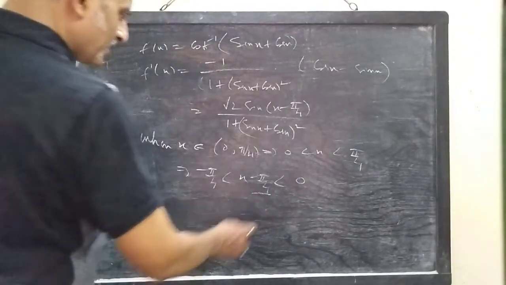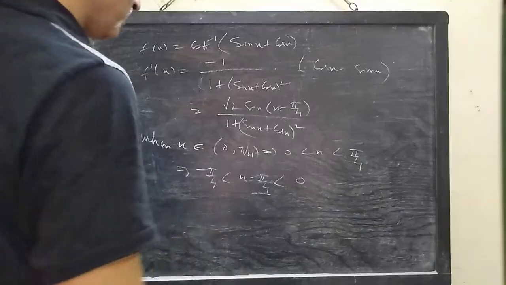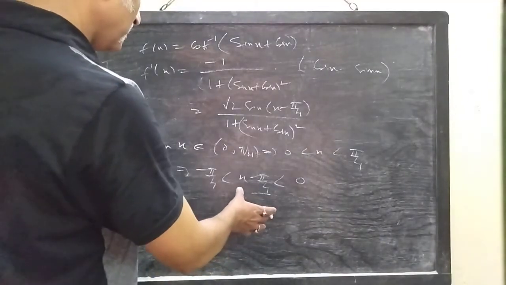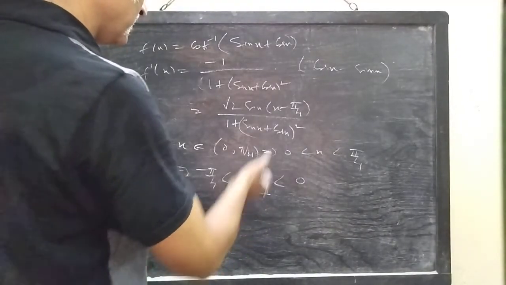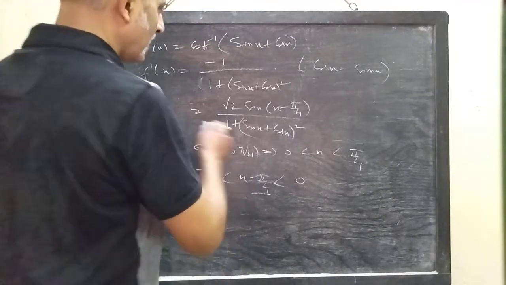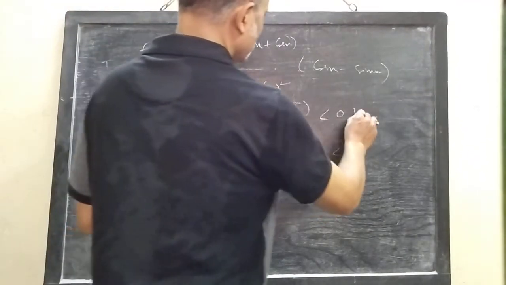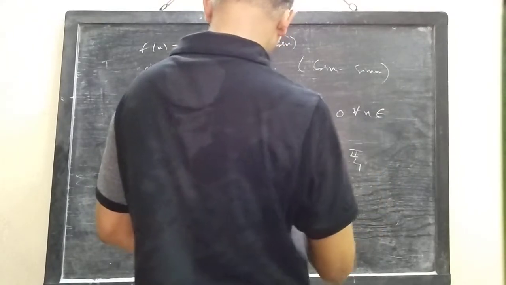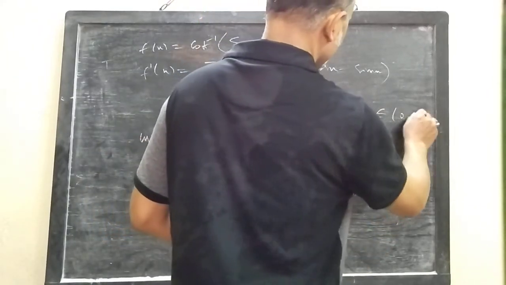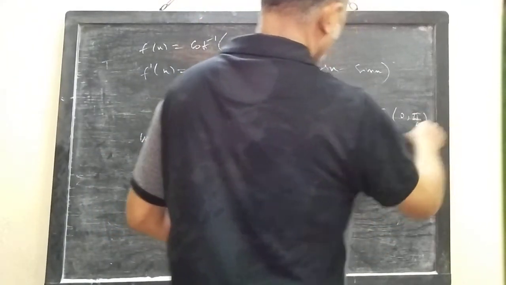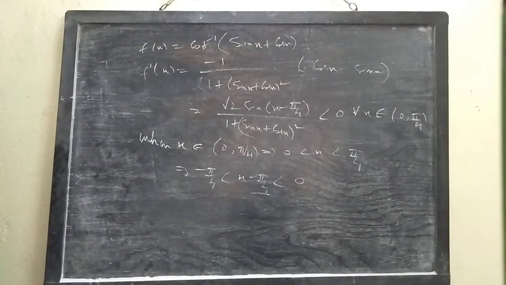So when x minus pi by 4 lies between minus pi by 4 and 0, then it is in fourth quadrant and the sign is negative. So you can write f dash x less than 0 for all x belongs to the first interval, that is 0 to pi by 4. So what will be your conclusion? You can conclude that f(x) is decreasing in 0 to pi by 4.